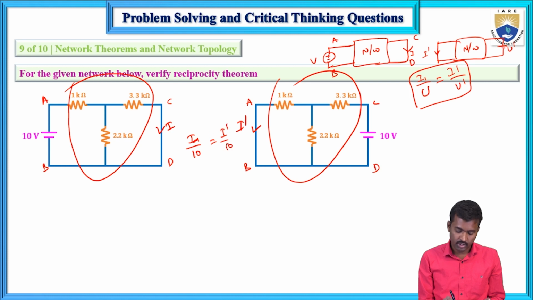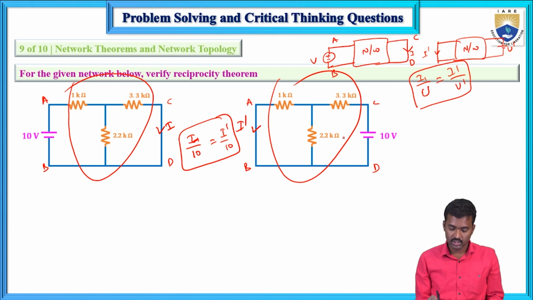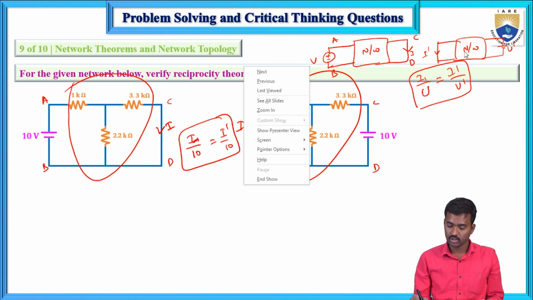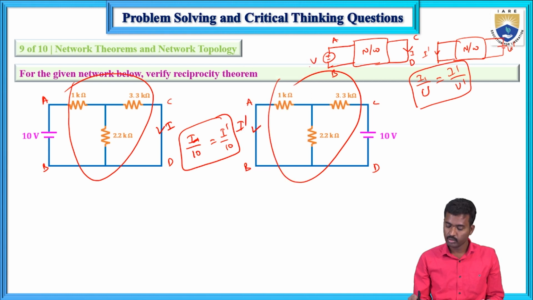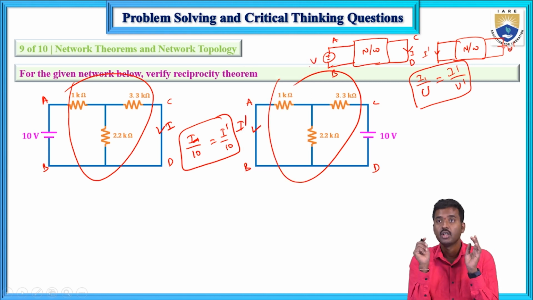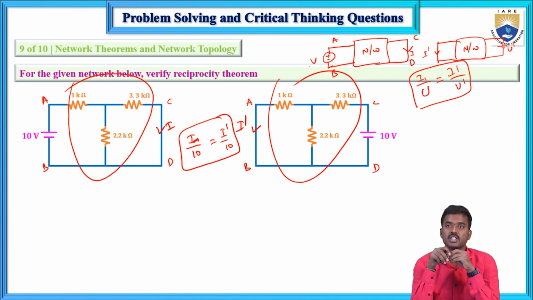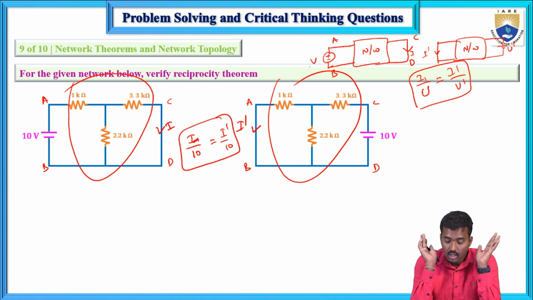What is the excitation here? 10 volts. Here what is the excitation? 10 dash. Here what is the response? I1, and here what is the response? I dash. So this current divided by this voltage equals this current divided by this current. That is the theorem statement. The ratio of response to the excitation is the same when we interchange the source terminal and branch terminal.